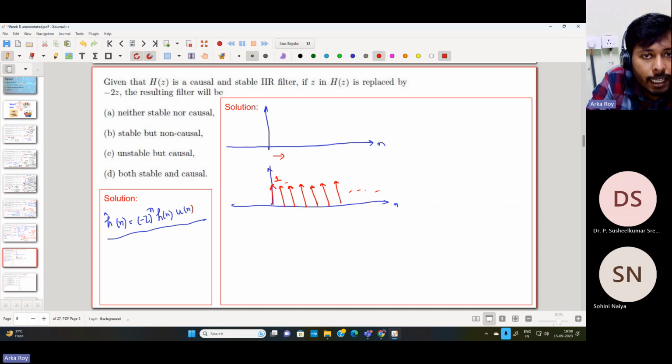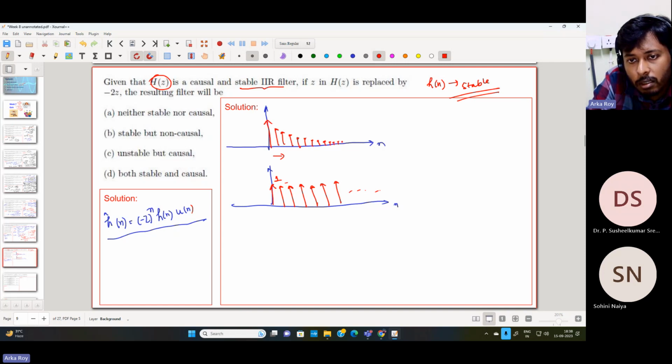And it is given that this is a stable filter. The original H of z was a stable filter, so accordingly h of n will also be stable. So for a stable sequence, let me consider a very generic stable sequence. A stable sequence could be a decaying sequence, like this. When n reaches a sufficiently large value, it reaches 0.